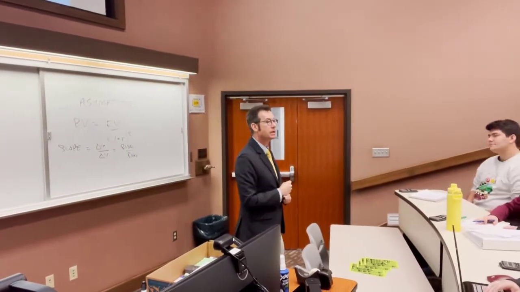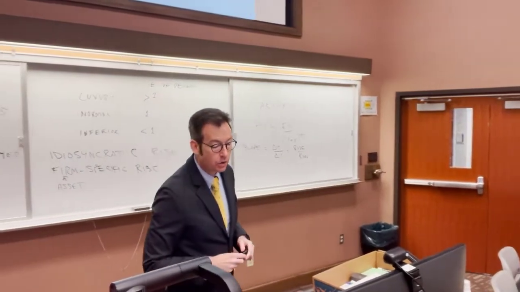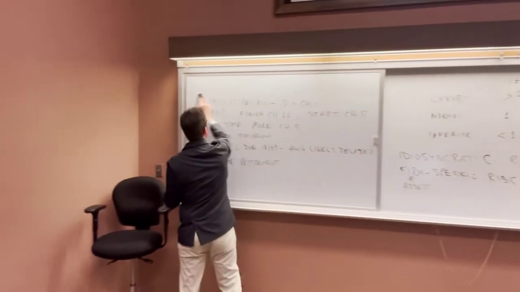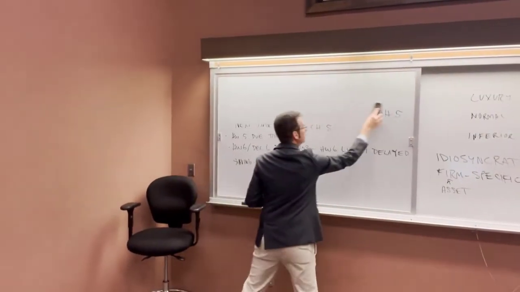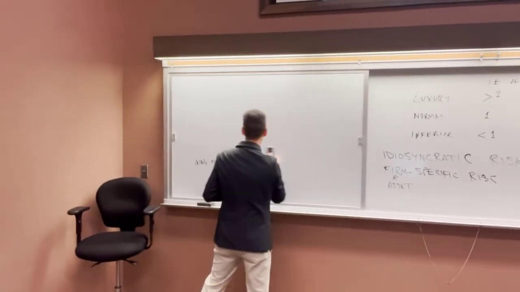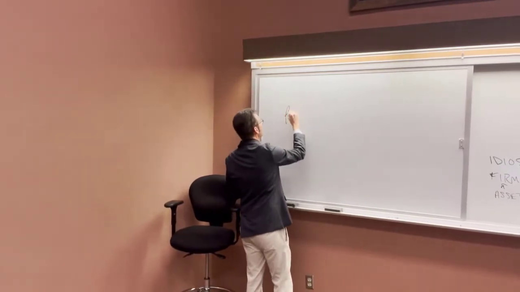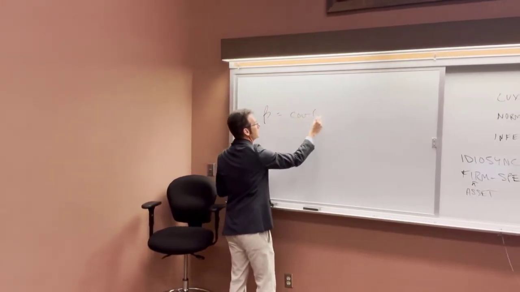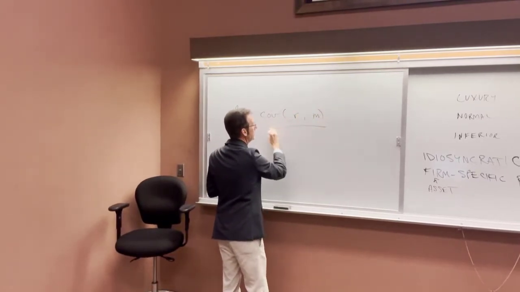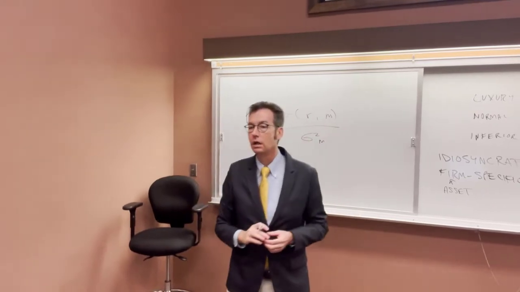It's the covariance of the returns on your stock with the returns on the market divided by the variance of the market.